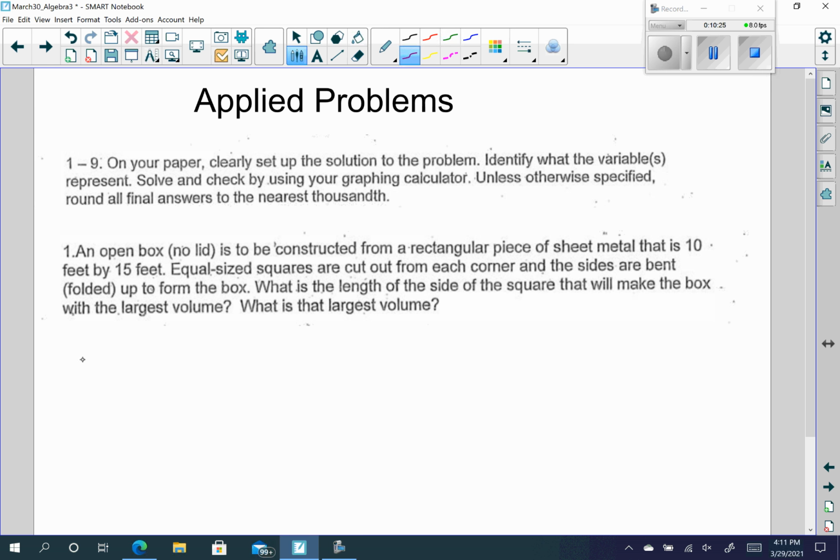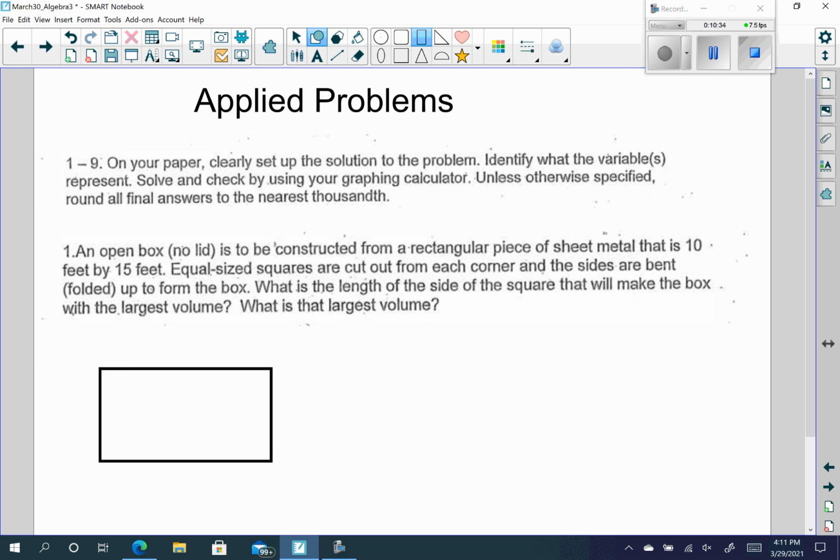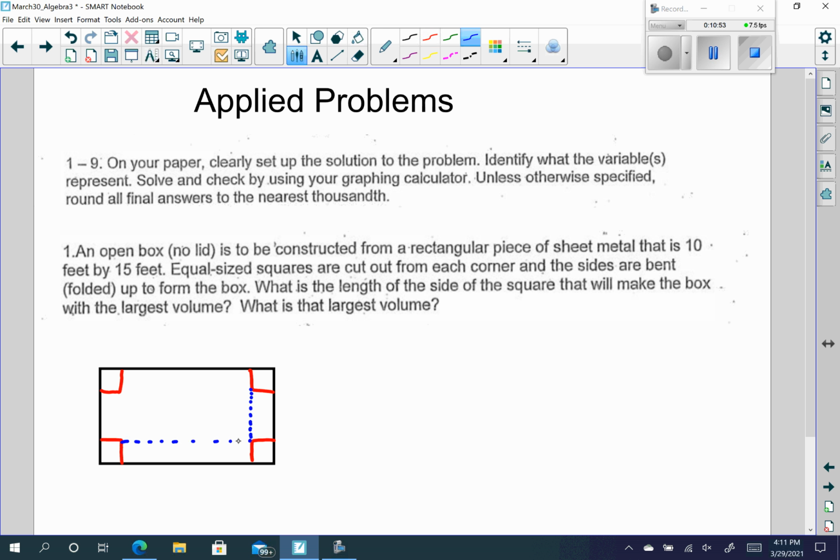So let's just start. We have a rectangular piece of sheet metal. So I'm just going to draw a rectangle out like this. And equal size squares are going to be cut out from each corner. So what's happening is when I cut these squares out, we're going to kind of get a perforated line here that we're going to fold up.